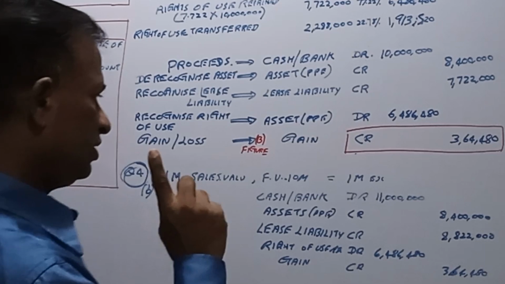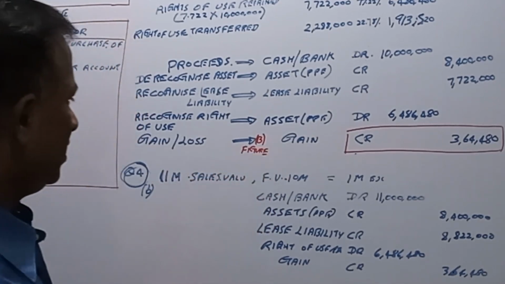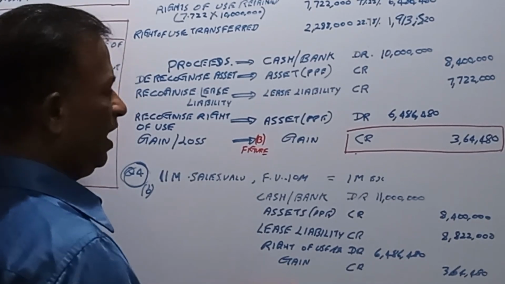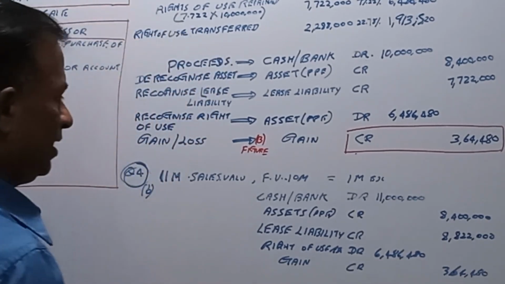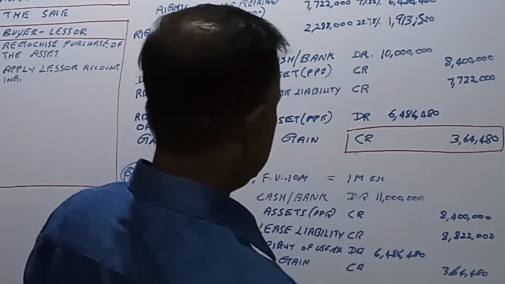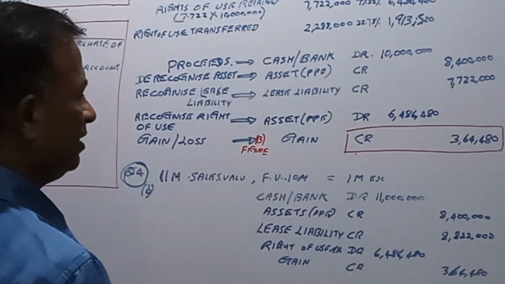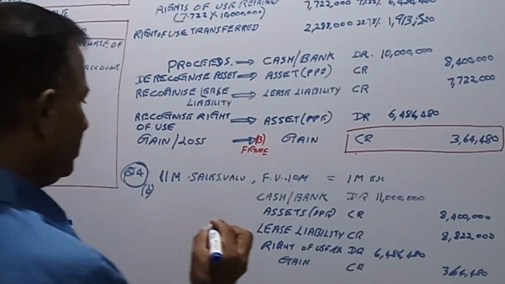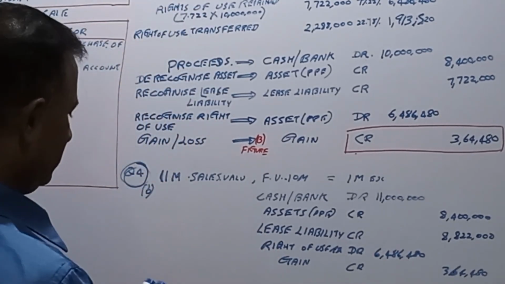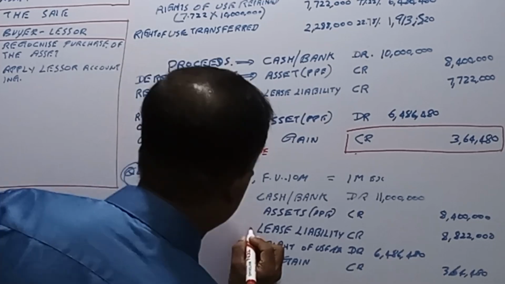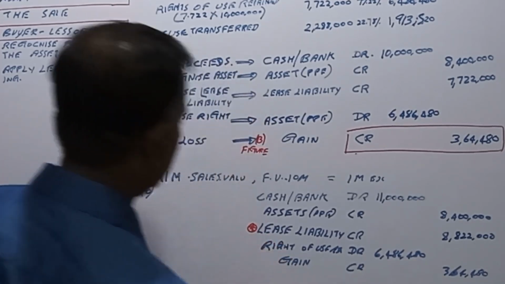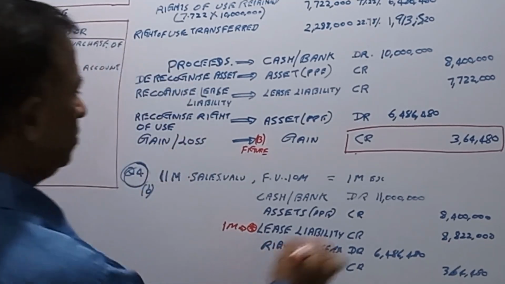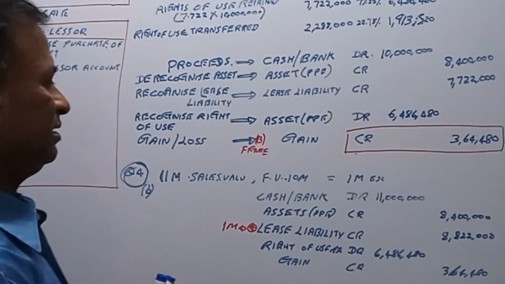In the earlier question, where the sale was below the fair value, we showed the difference separately as a prepayment, debited to the account. Here it is higher than the fair value, so we have credited the lease liability. Only the difference is handled here. We have added that 1 million to this lease liability.